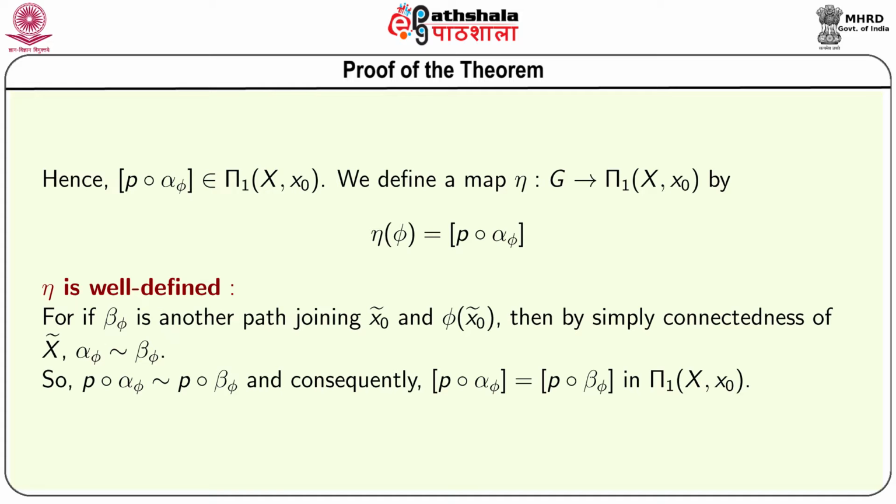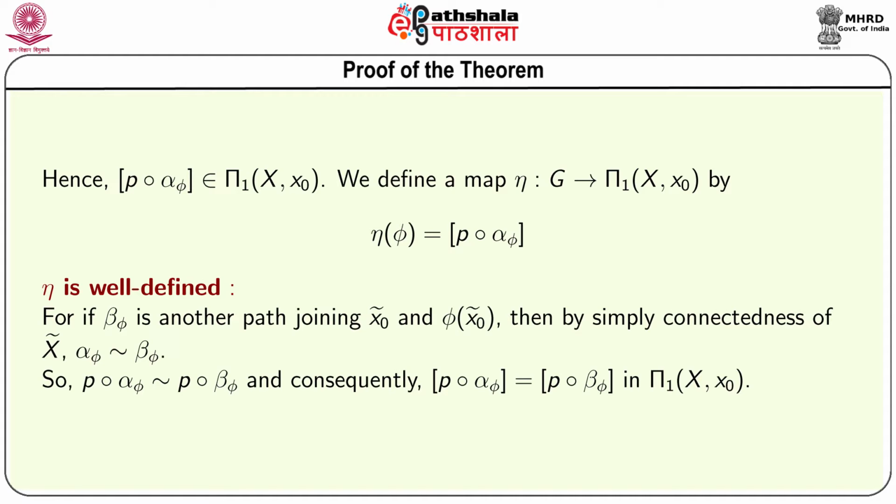First, we show that eta is well defined. For if beta phi is another path that joins x0 tilde with phi of x0 tilde, then by simple connectedness of X tilde, alpha phi is homotopic to beta phi.